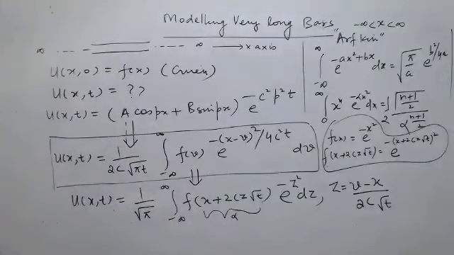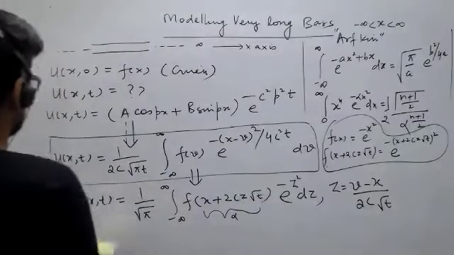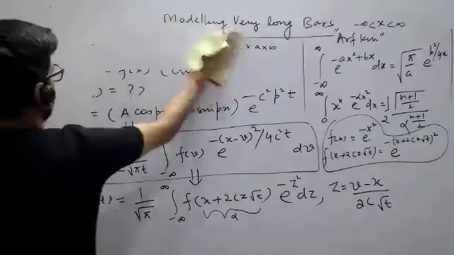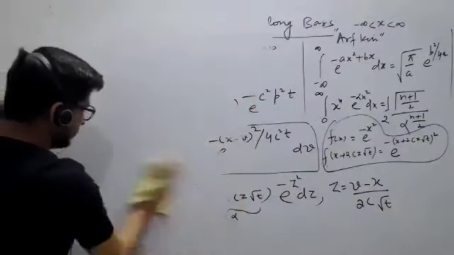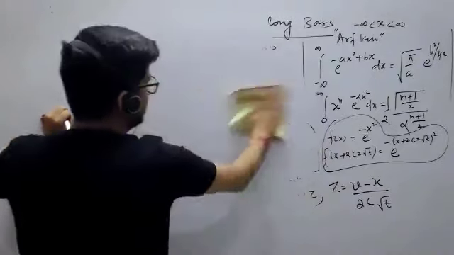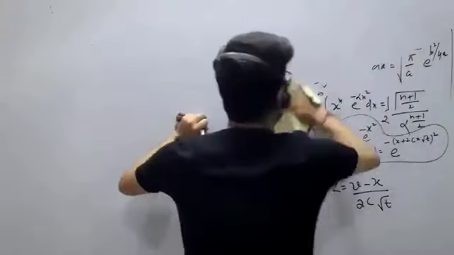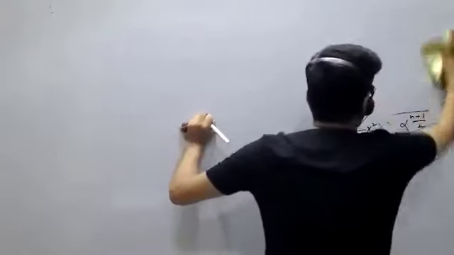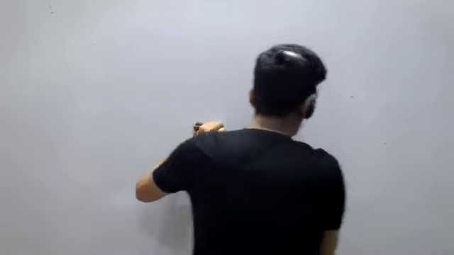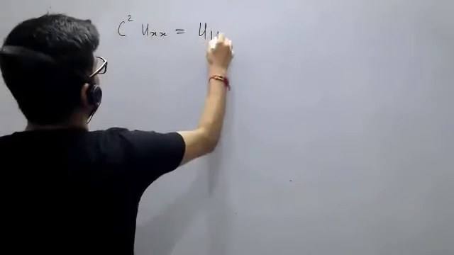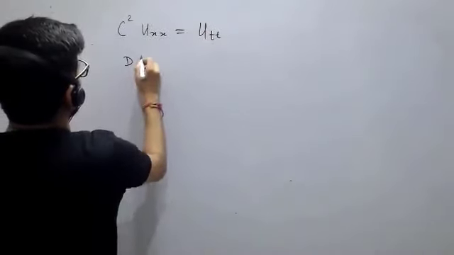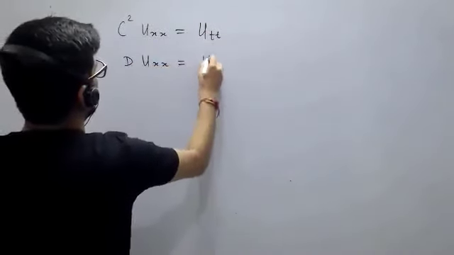So let us solve that question which was asked in the exam about the infinite bar. And please remember, the heat equation is also the diffusion equation. Just that c square in the heat equation is replaced by capital D, which is the diffusion coefficient. No difference is there. So a question can be asked from the heat equation as well as the diffusion equation. Like we write the heat equation as c square u_xx is equal to u_t, that will be just D u_xx is equal to u_t.